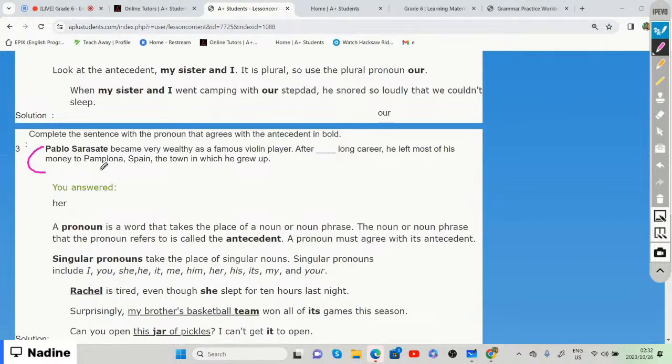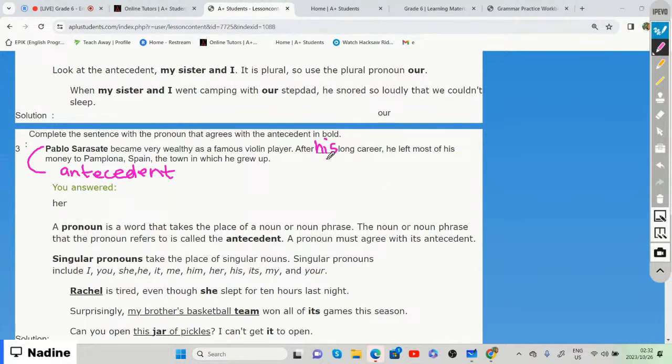Because firstly, Pablo Sarasate is our antecedent. We need to identify our singular pronoun. So Pablo Sarasate became very wealthy as a famous violin player. After his long career, right?